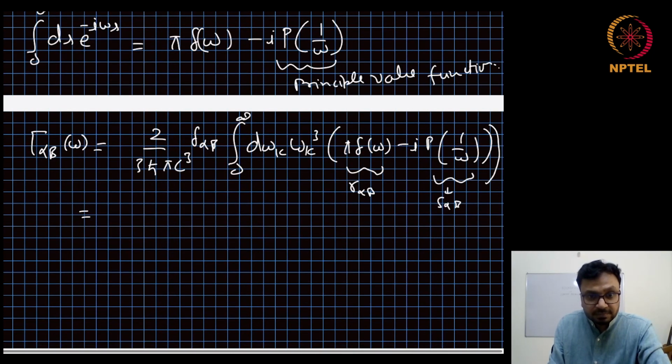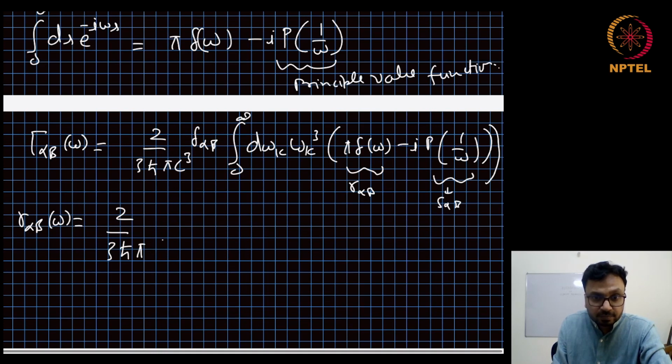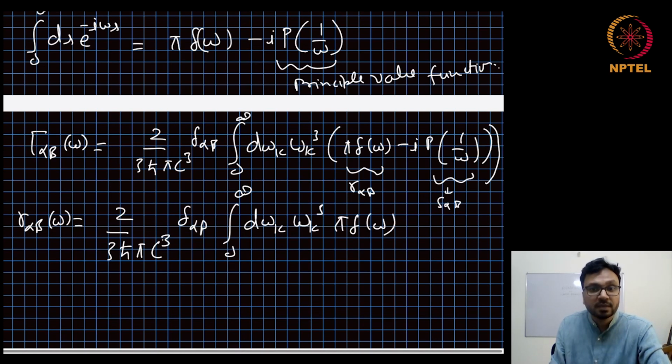So from the first term, we can find gamma alpha beta of omega to be 2 over 3 h bar pi c cube, delta alpha beta times the integral from 0 to infinity d omega k cube pi delta of omega. And this is simple.